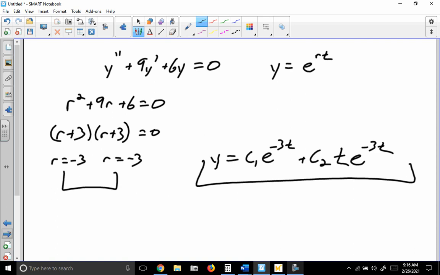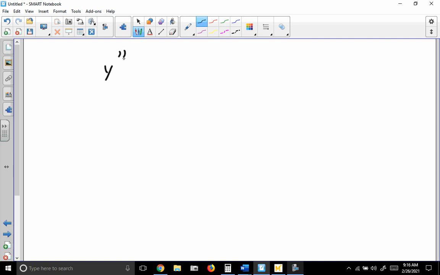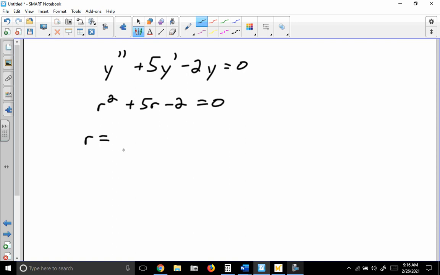All right, let's do another one. Let's do y double prime plus 5y prime minus 2y. All right, so our characteristic equation is r squared plus 5r minus 2. And this one doesn't factor. So since it doesn't factor, we're going to have to use the quadratic formula.